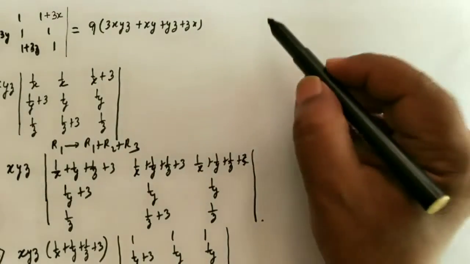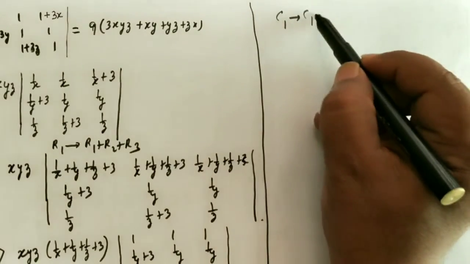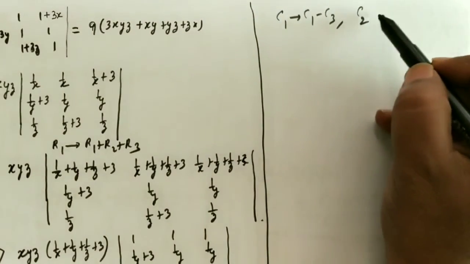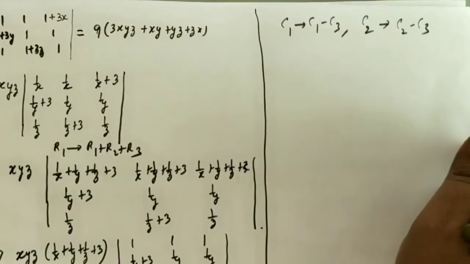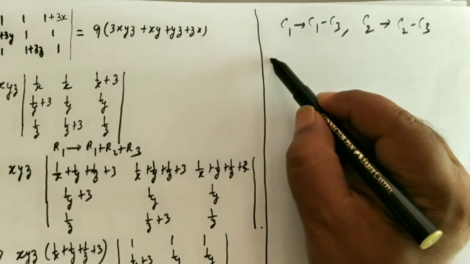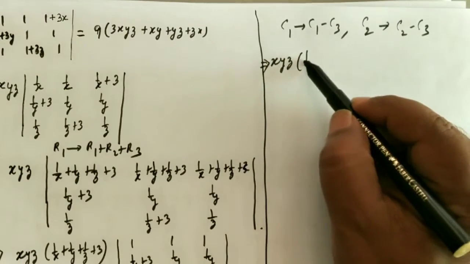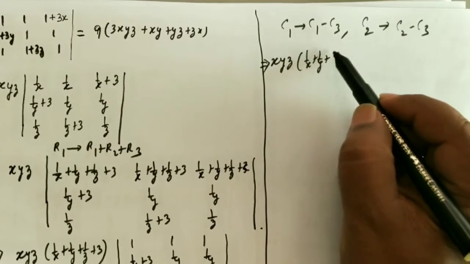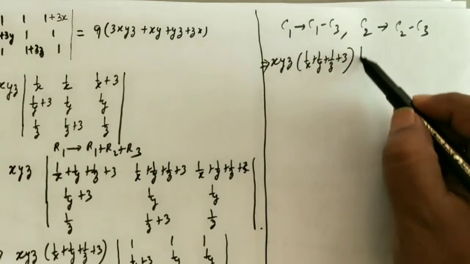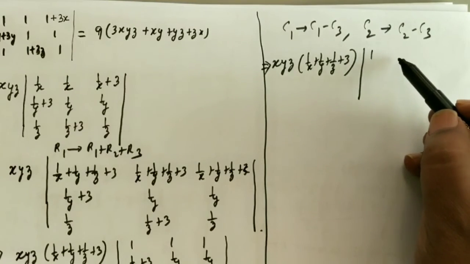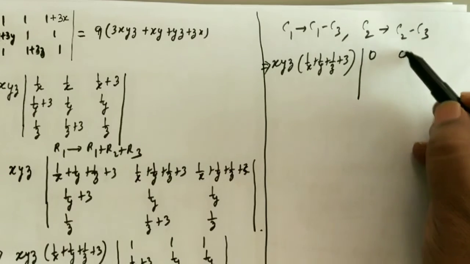So C1 is C1 minus C3 and C2 is C2 minus C3. Then I get here 1, 1 minus 1, 0, here 0, here 1.